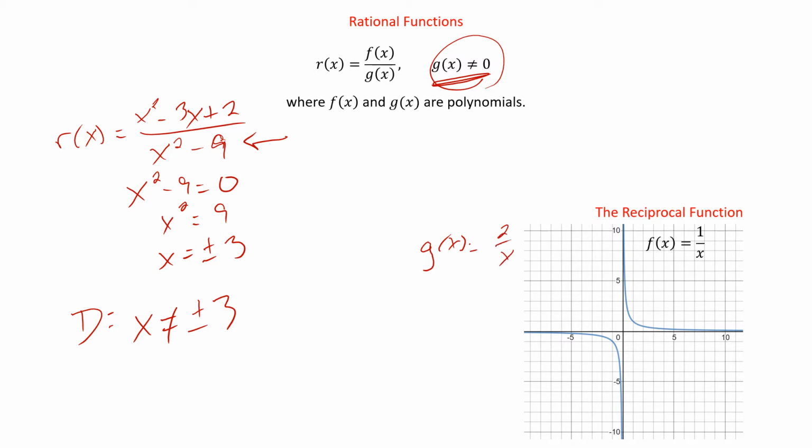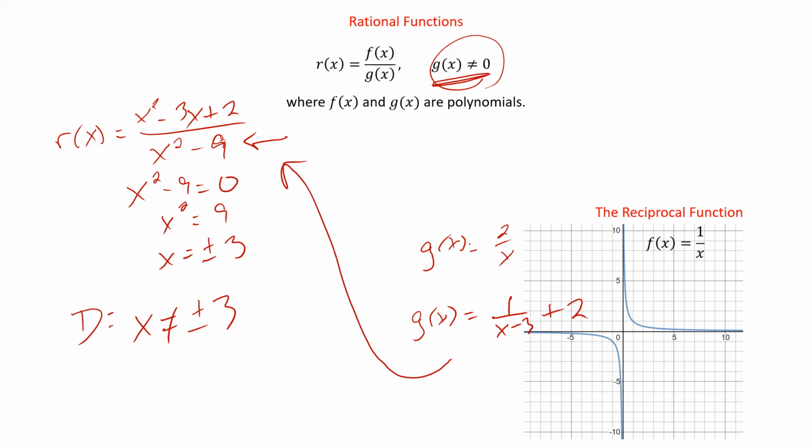If we wanted to do a translation, let's say we wanted to move it to the right 3, so we have 1 over x minus 3, and then up 2, plus 2. I know that this does not look like a rational function, but it actually is.